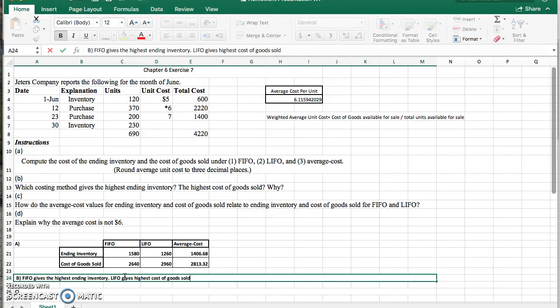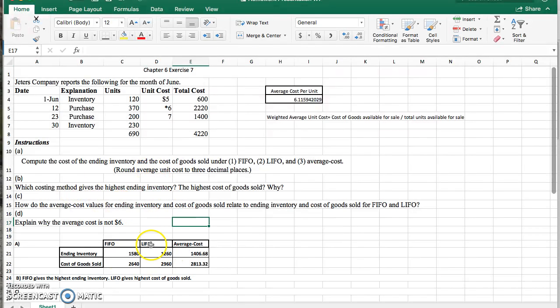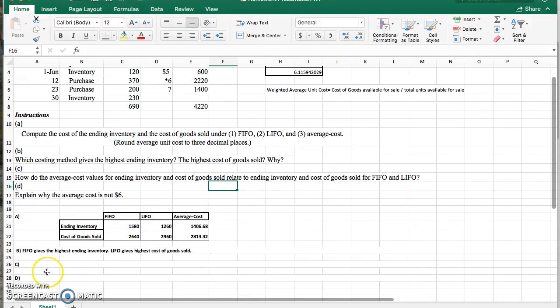And that is because we're assuming that these last ones are the ones that people purchased first. So the cost of the ones that we sold are going to come from these higher unit costs, which is why it would provide us with a higher cost of goods sold.